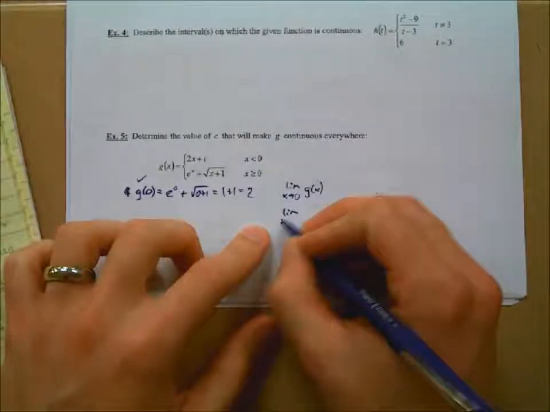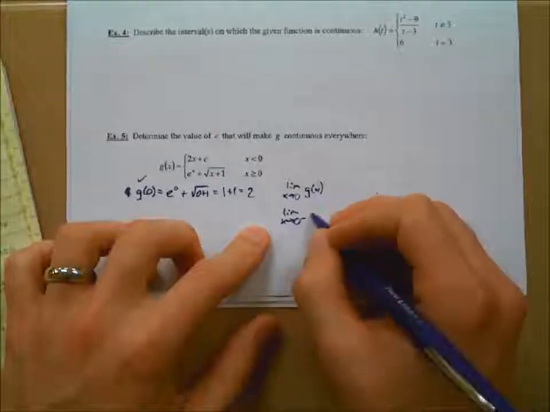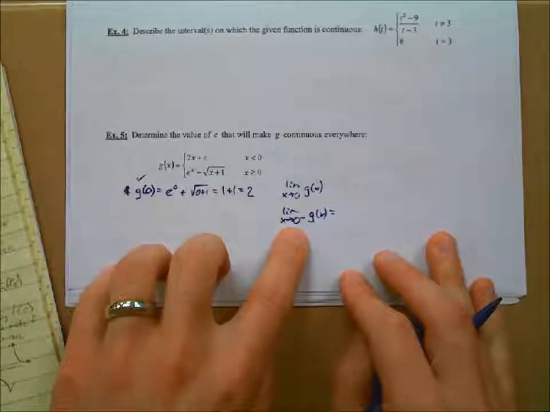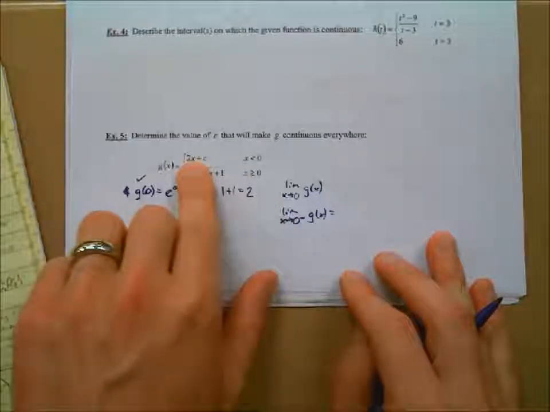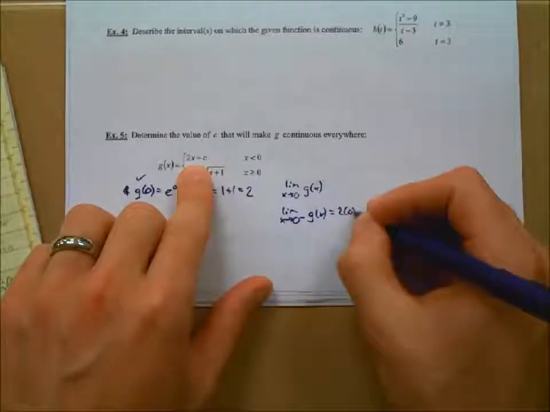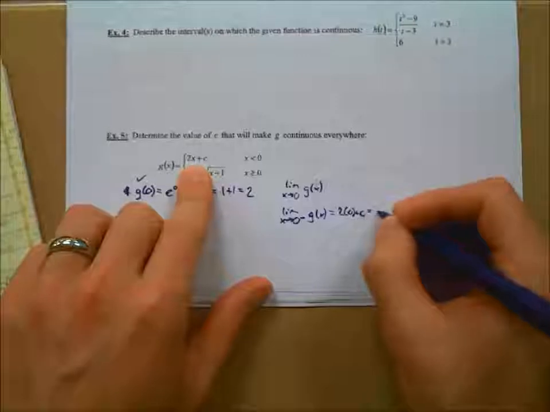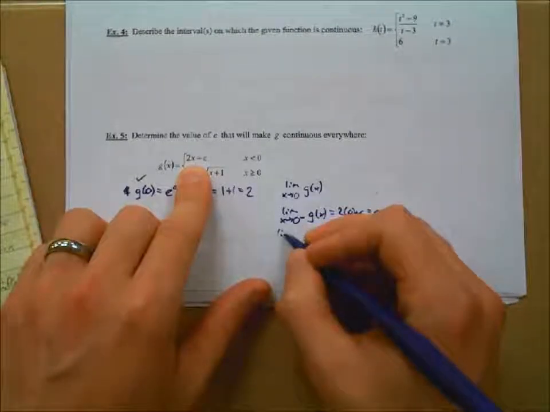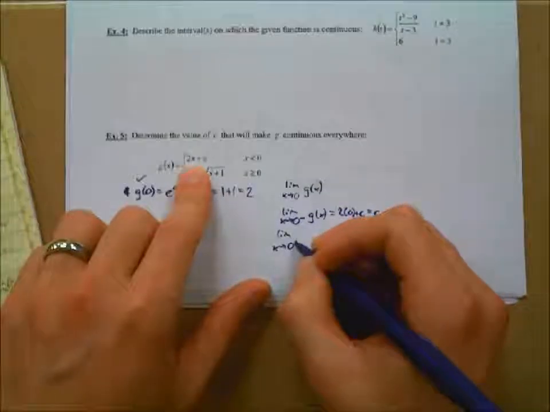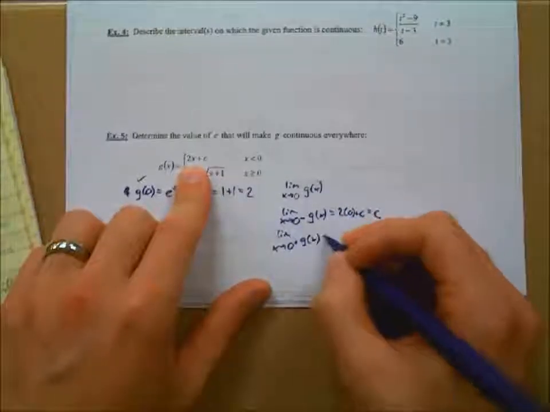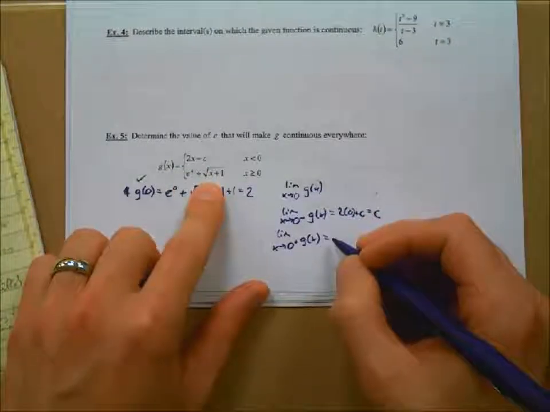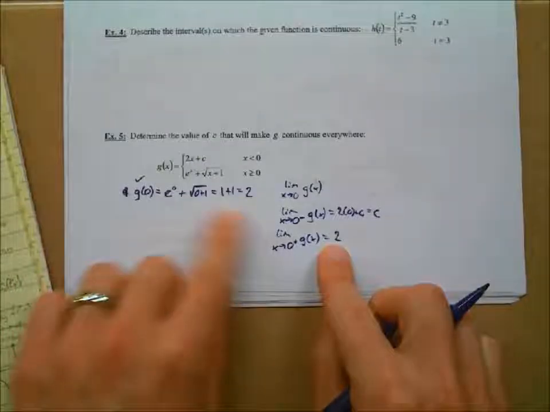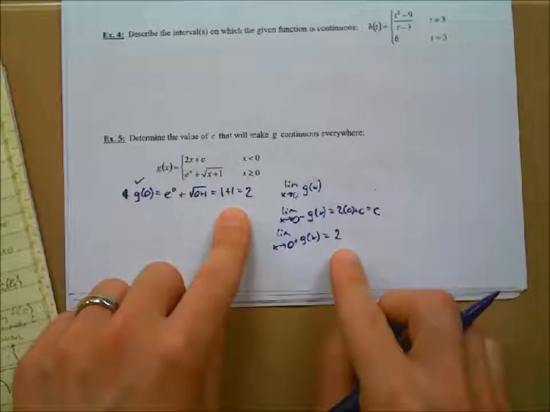Let's do the limit as x approaches 0 from the left. That's this one. So it'll be 2 times 0 plus c, which is just going to be c. And then the limit as x approaches 0 from the right of g of x, it's going to be this piece, and we know it's got to be 2. We just did that right here. We plugged in 0, so it's got to be 2.